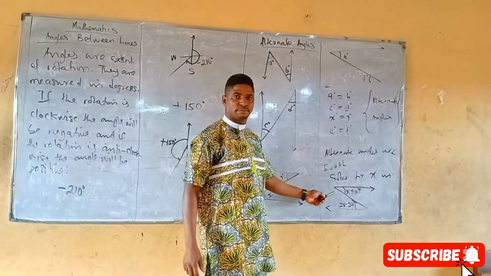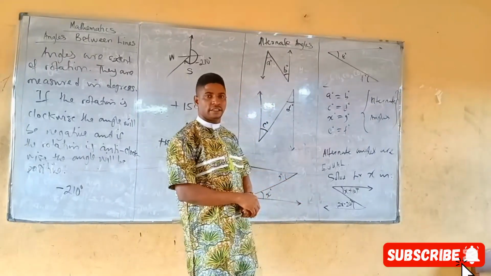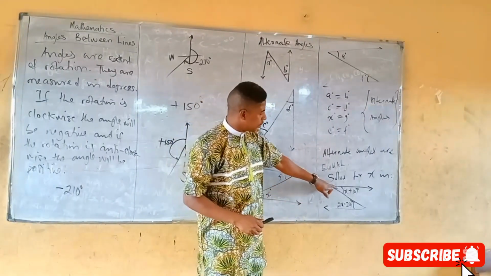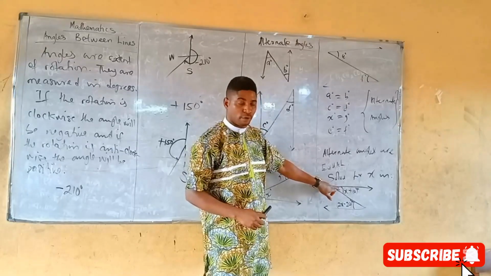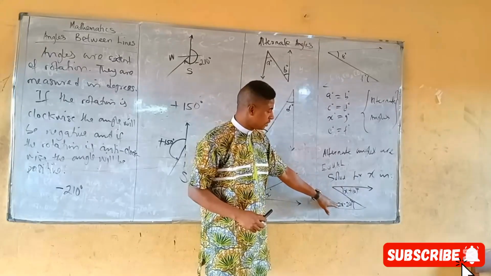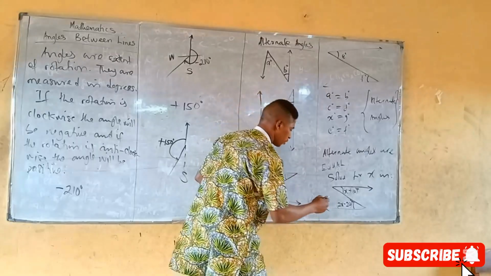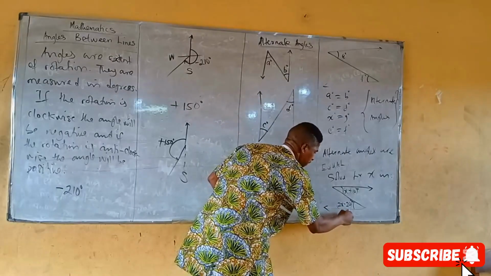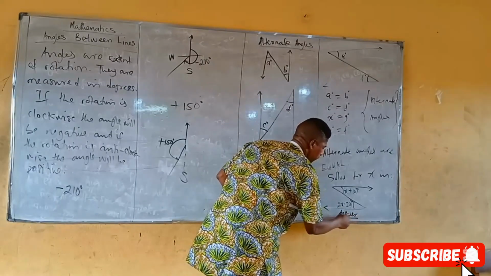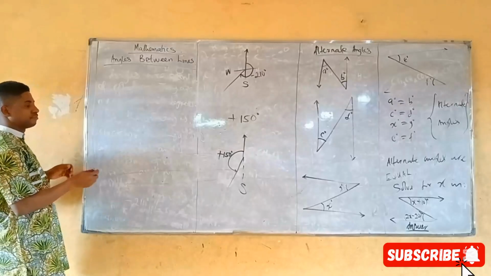The figure is a mathematical letter Z. Therefore, this angle s plus 10 will be equal to this angle 2s minus 20. Good.